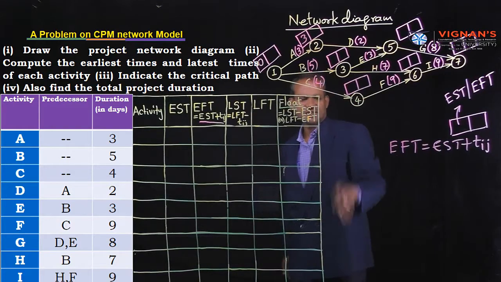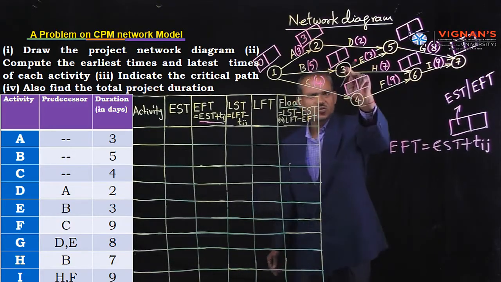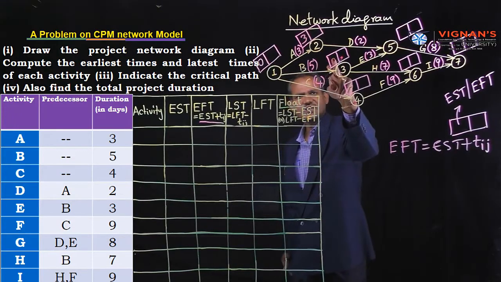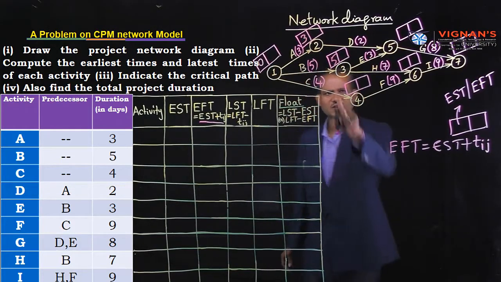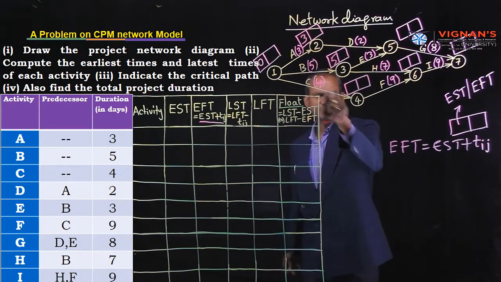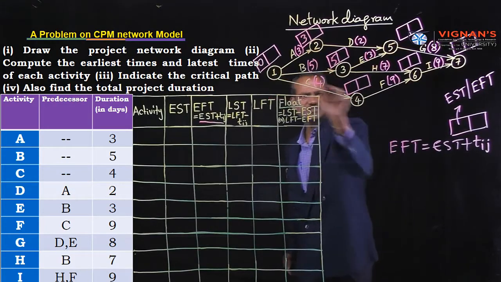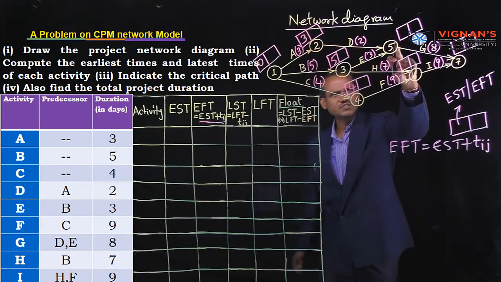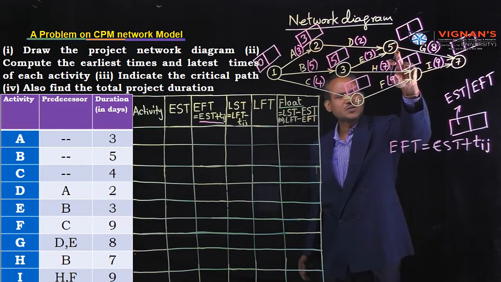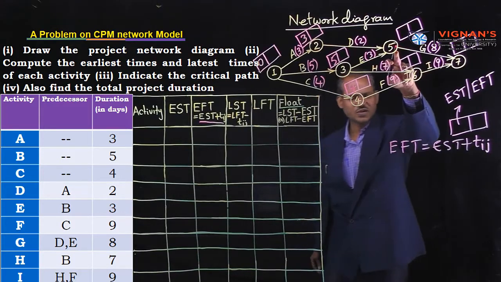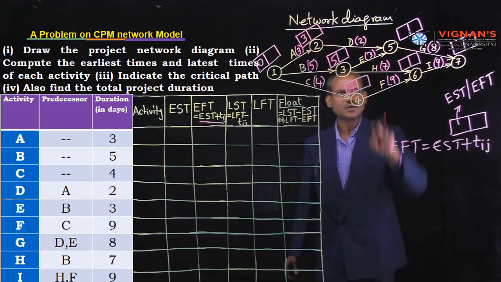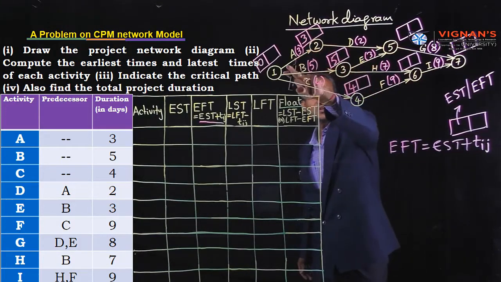Next, coming to node number 3 or event number 3, EFT is equal to EST 0 plus 5. Same for activity C, EFT is equal to EST plus duration of activity, 4. Next, coming to node number 5 or event number 5, observe, this is a junction node or junction event, because there are two routes. One route is 1, 2, 5.